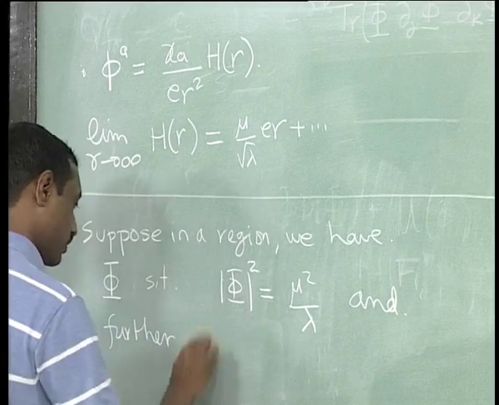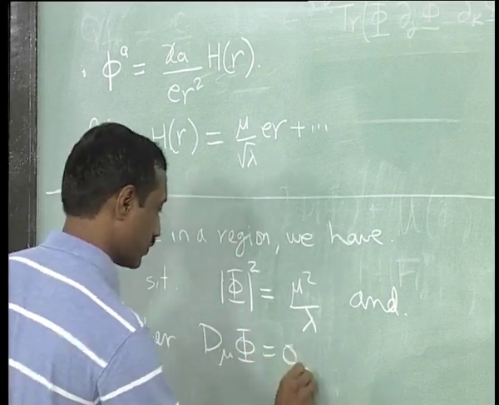No need to write it like this, write the whole thing, D mu of phi is equal to 0.